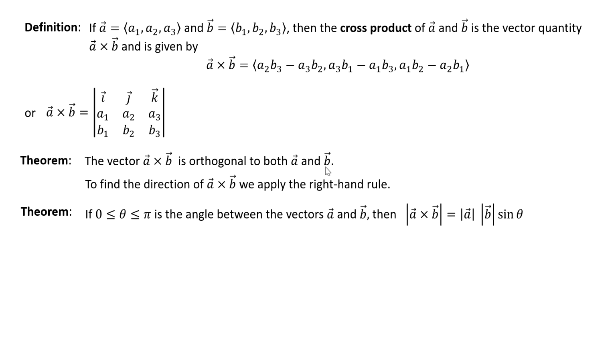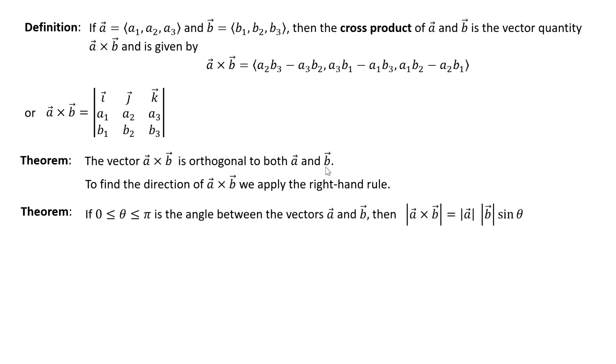This one says the magnitude of A cross B is the magnitude of A times magnitude of B times sine theta, right? That only gives the magnitude. But what about the direction? Well, like the previous statement says, you have to find the direction of A cross B by applying the right-hand rule.